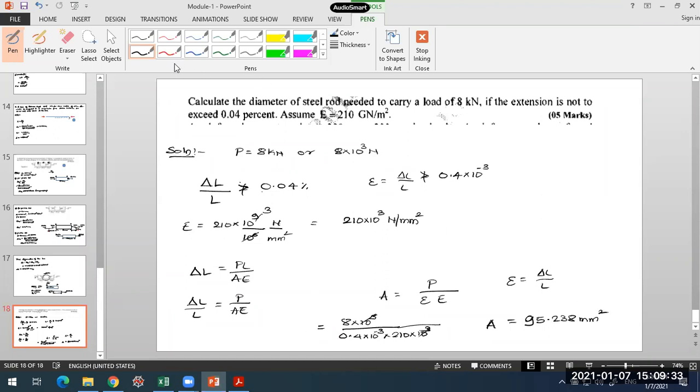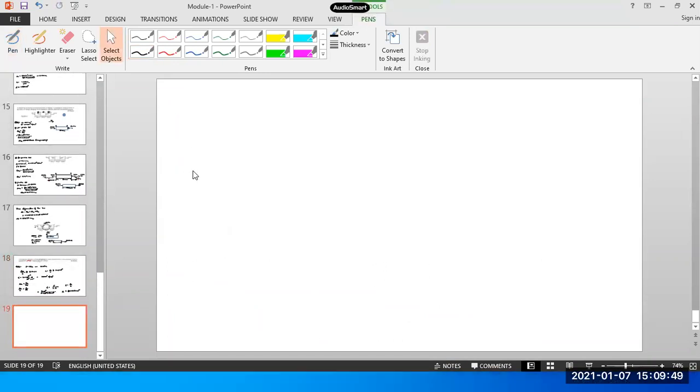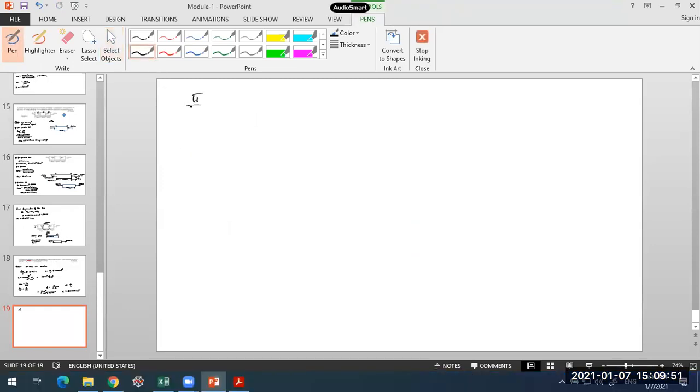We are asked to find diameter, means it is a circular bar. So pi by 4 d square is 95.238. What is d then? We need to find that d. So we got area, find out the diameter. If it is a circular bar, pi by 4 d square has to be equal to 95.238, and then the minimum diameter that has to be given. It should be equal to or greater than this diameter.